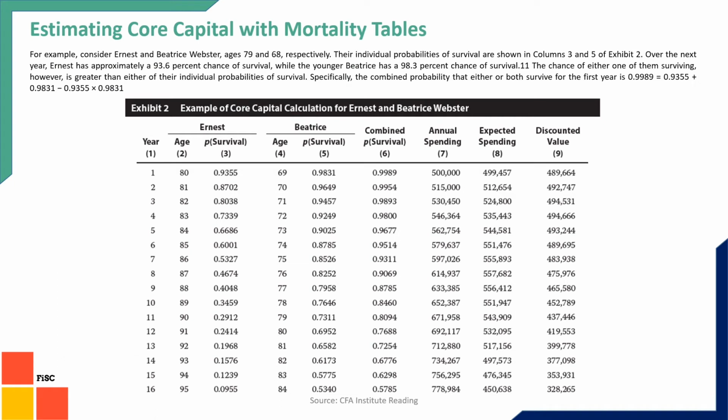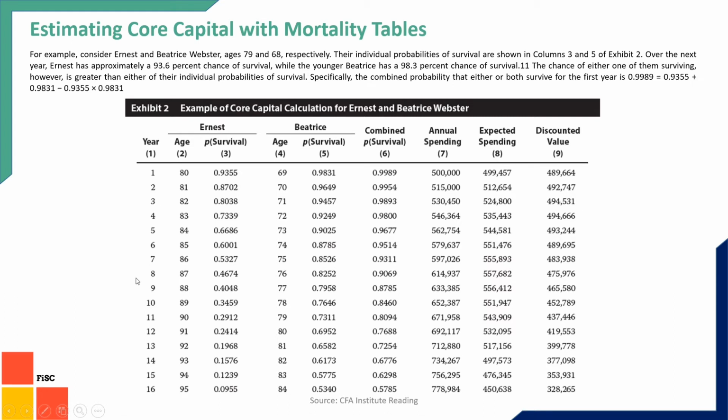You can see here that there are two people, Ernest and Webster, aged 79 and 68 respectively, and they have these probabilities of survival, and then we have calculated the combined probability of survival of both of them. And then we also have the annual spending, which is calculated according to inflation over the years, and then we have discounted all this. So this is the discounted value.